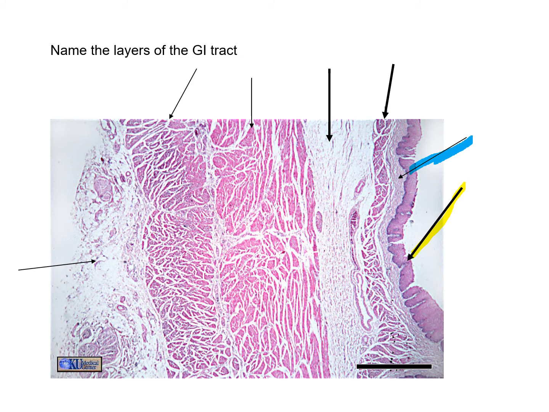What about this layer? The muscularis mucosae. Now, what about this layer in green? Submucosa. Correct. And then these two are considered to be what layer?